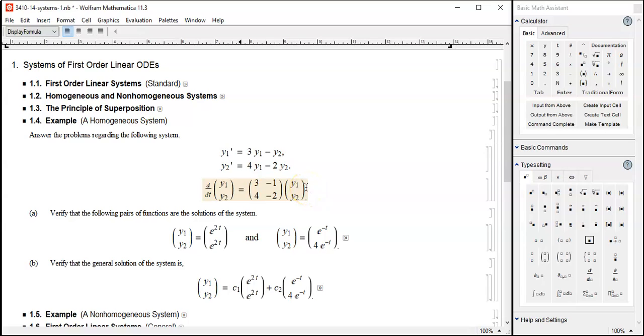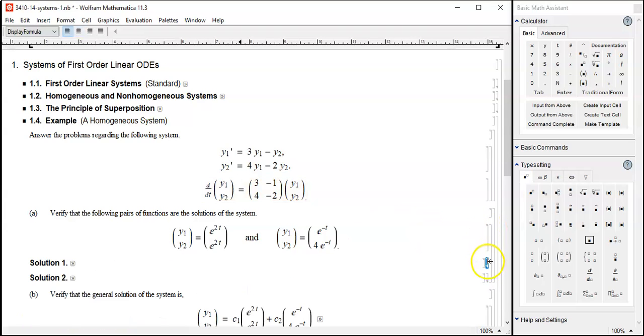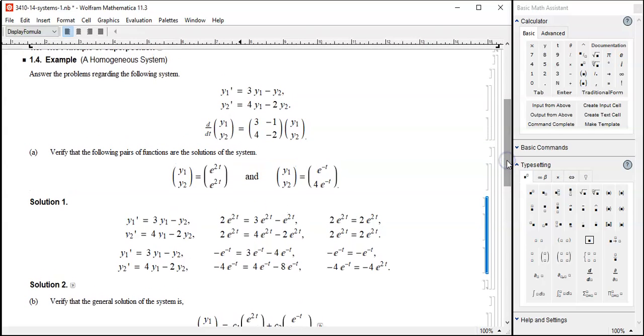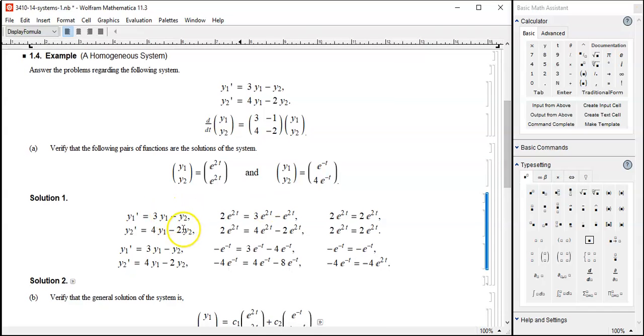Now your goal is to verify that these are actual solutions of the original system, either in this form or that form. No sweat. All you have to do is just plug those in. In the end, that's basically what I did in solution 1 here. This is so trivial that you can do it really quickly, so please allow me to speed up.